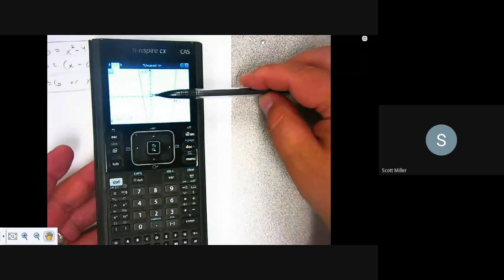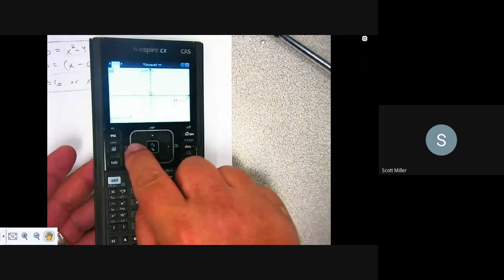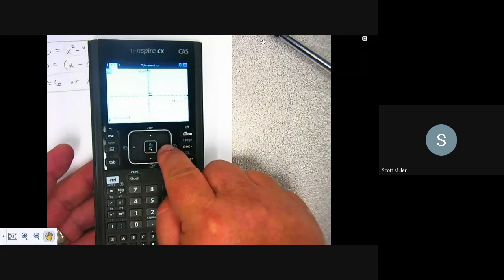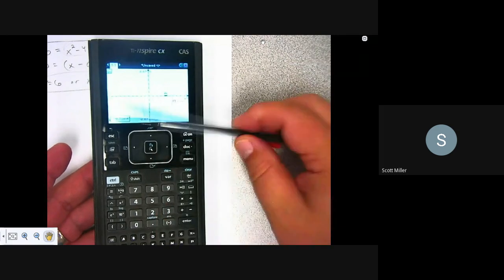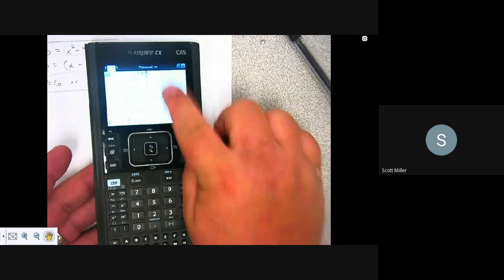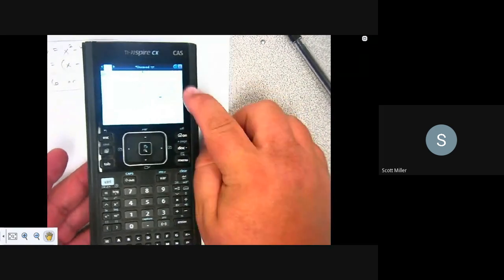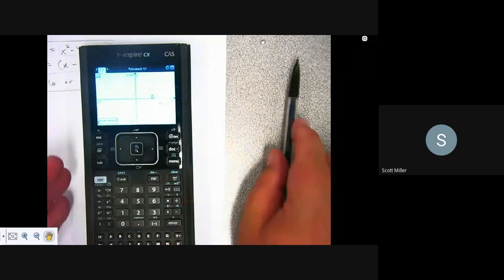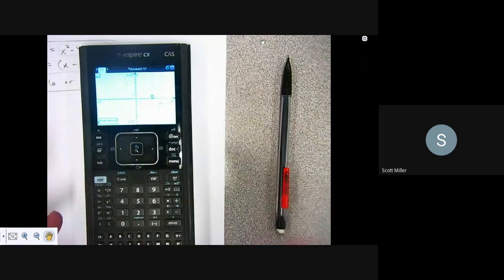You're going to see a little hand with a finger pointing up pop up. If you use the arrow keys, you'll see a dotted line moving with it. Down here at the bottom, it says lower bound. What you want to do is move this dotted line so that you are right next to, on the left of, what looks like the x-intercept.